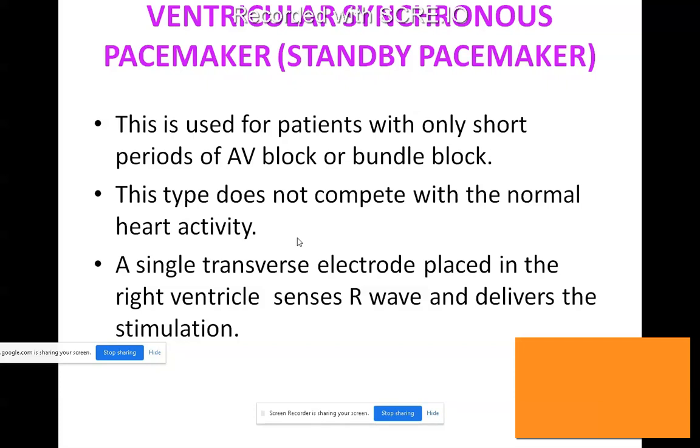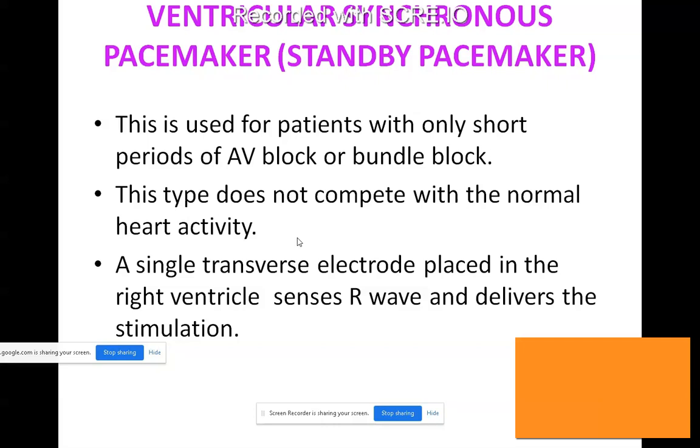This type does not compete with the normal heart activity. It does not follow the normal heartbeat. Just for temporary cases, you will be using this ventricular synchronous pacemaker.